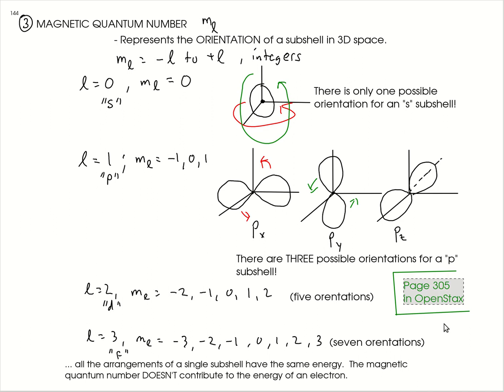And you can see that on page 305 in OpenStax if you pull out your book and go to that page that we were just on. Now, the interesting thing about these is that all of them have the same energy. It doesn't matter which one of the orientations you have, electrons in them have the same energy as all the other orientations. So it doesn't matter whether your electron is in px, py, or pz, it has the same energy as the ones in the other orientations.